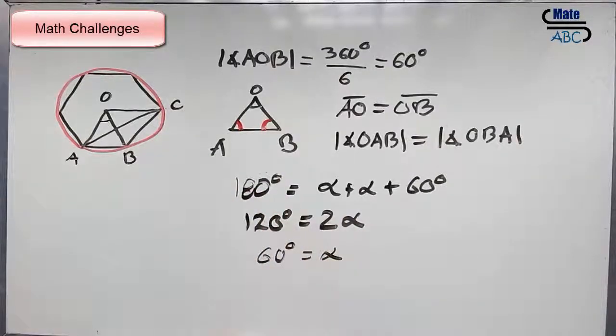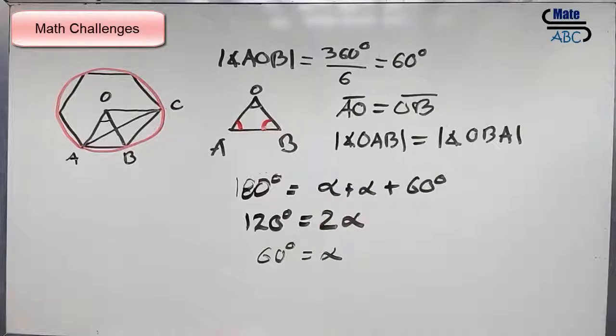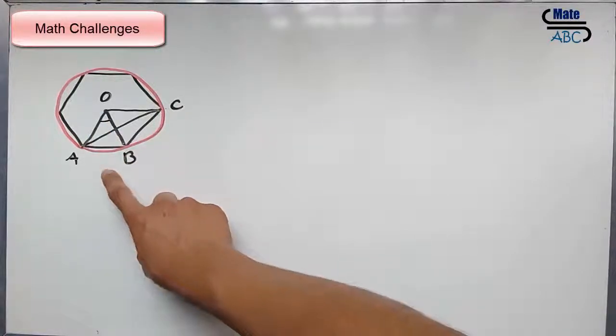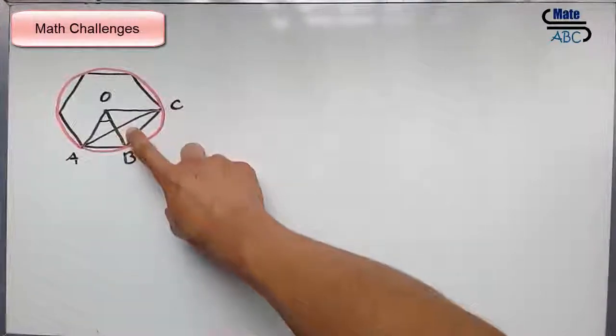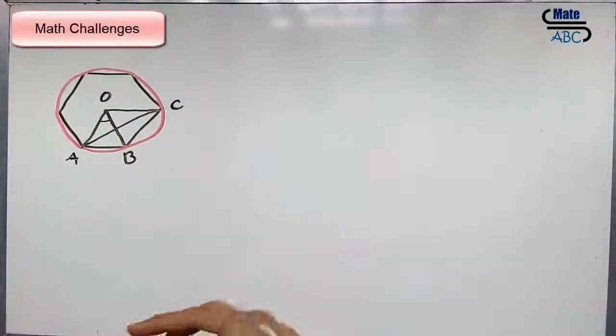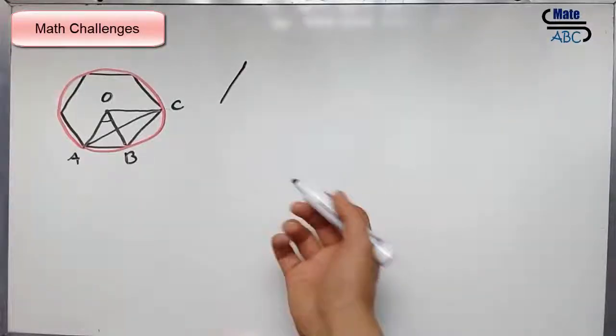So the triangle AOB is an equilateral triangle. If this AOB is an equilateral triangle, so does it, and so does this triangle. So we also need to consider this information.